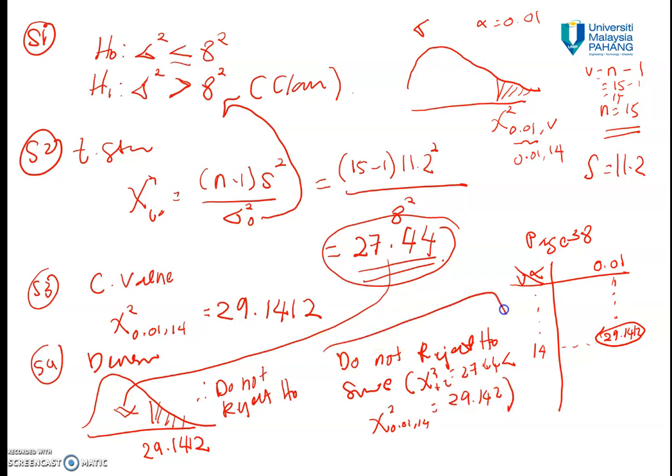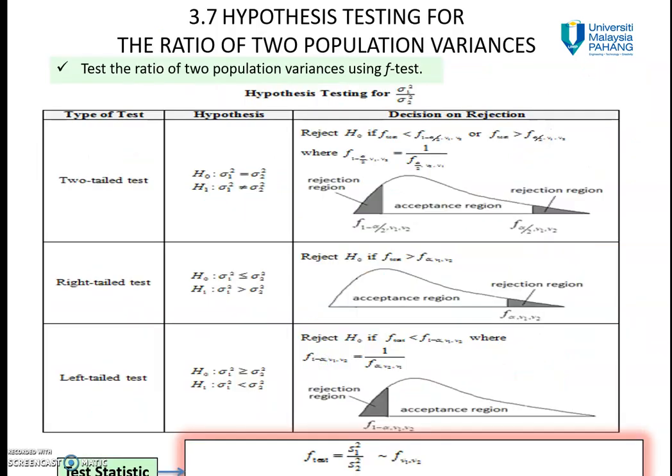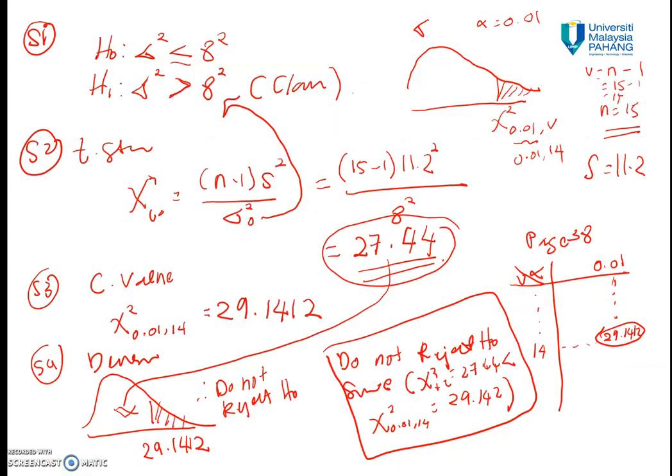So this is how you write it nicely. Either one is fine, but preferably write in terms of writing. If you find it difficult, I still accept the other one, because I can see you understand what it is here. But you must have all of this. So step number 4, do not reject H null.